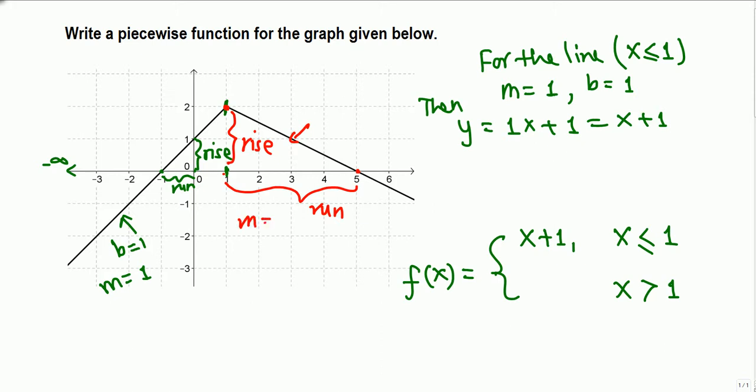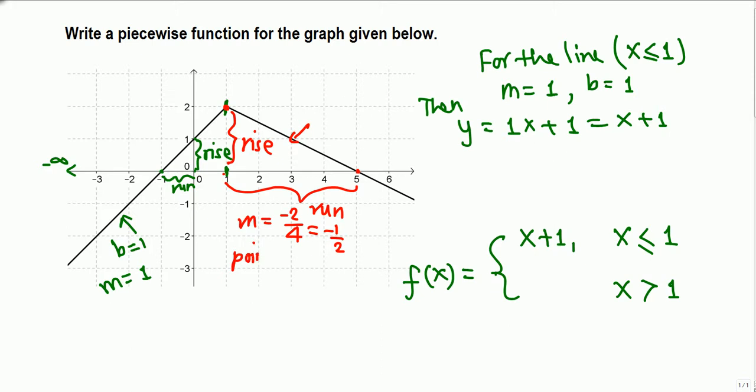So the slope is 2 to 0 going down, negative 2 rise, over run 1 to 5, that's 4. So negative 2 over 4 is negative 1/2. So the slope of this line is negative 1/2. We don't have y-intercept, but we have a point (5, 0).